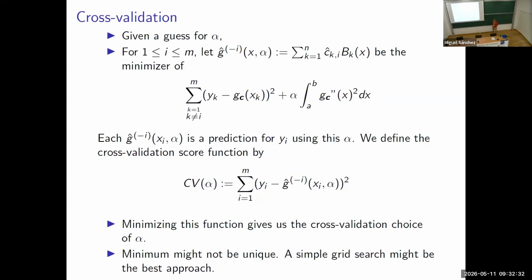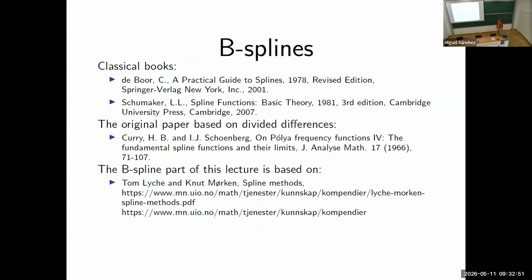The cross-validation value for alpha is the one that minimizes this function. The minimum might not be unique, so usually they recommend some kind of grid search to find this cross-validation alpha. Okay, so that was just a very brief talk about cross-validation.